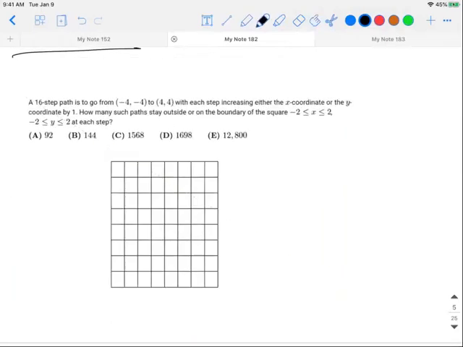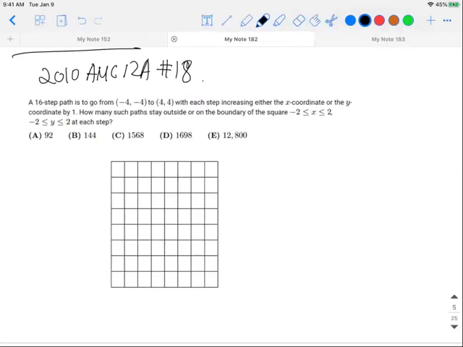We're looking at a problem from 2010 AMC 12A, question number 18. This is exactly the same thing we're talking about today.